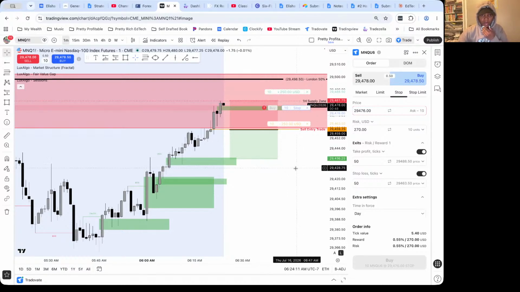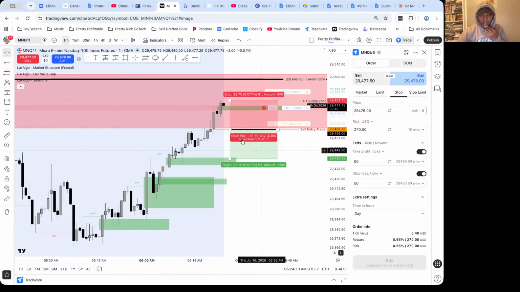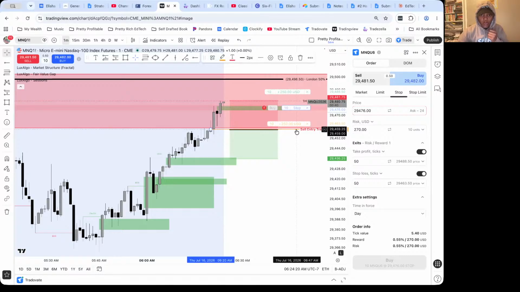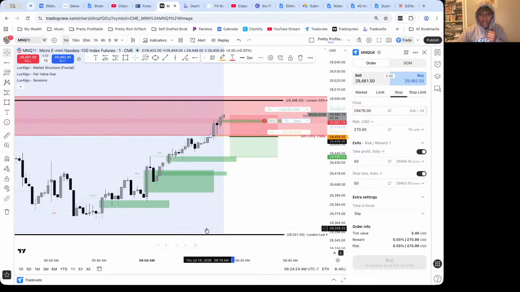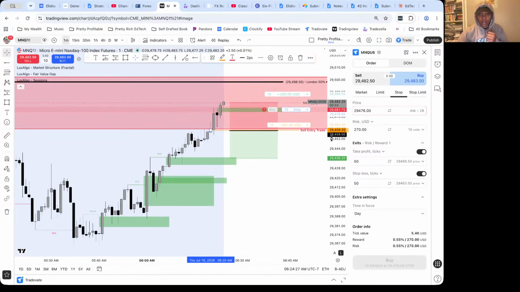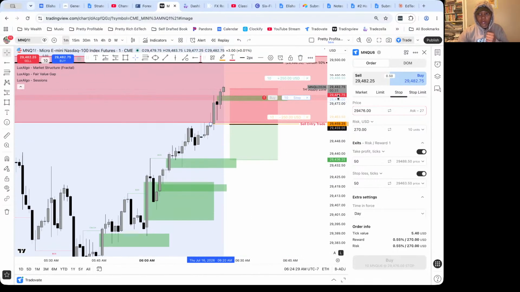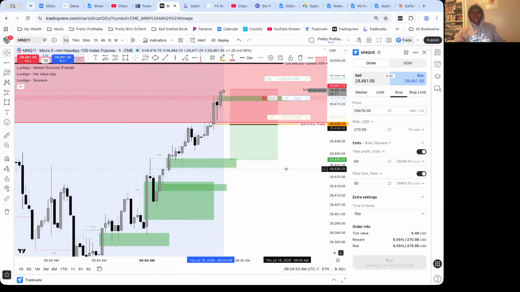Alright, y'all. So this is not a rejection candle, so I need to be mindful. Alright, now we're going to see if this 1-minute supply zone is being respected right now. It's making it through.